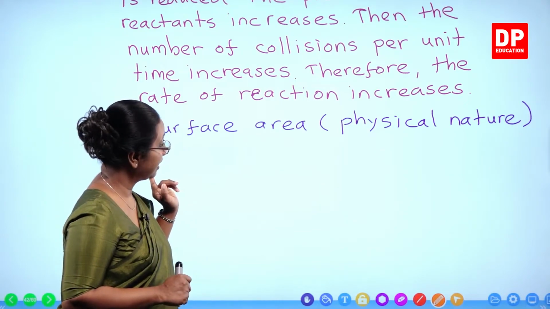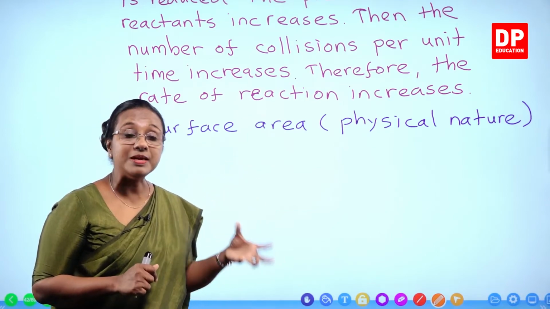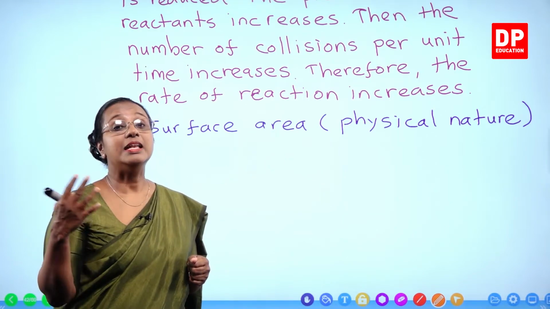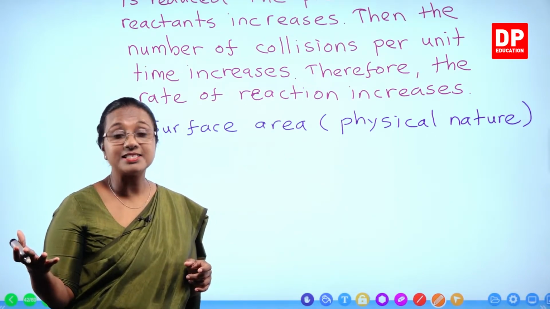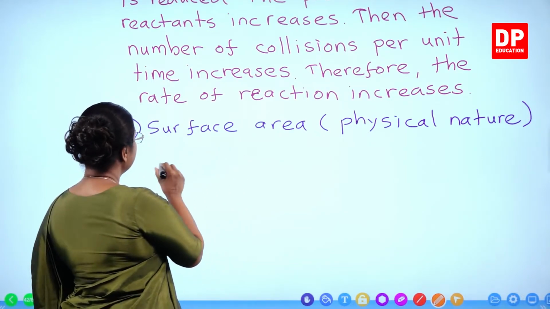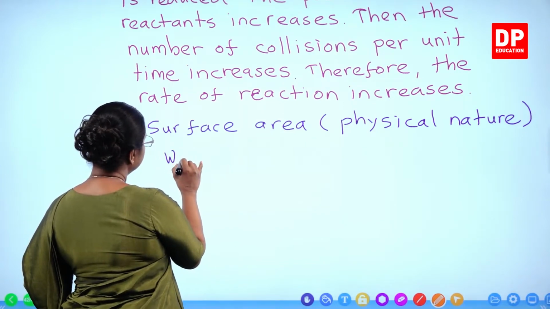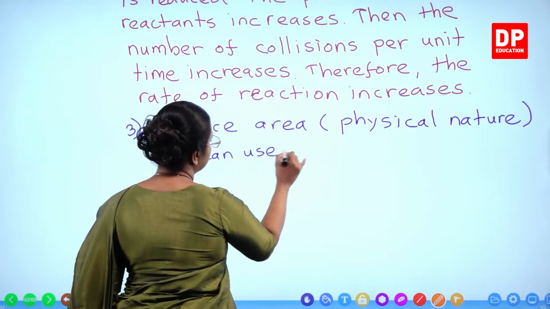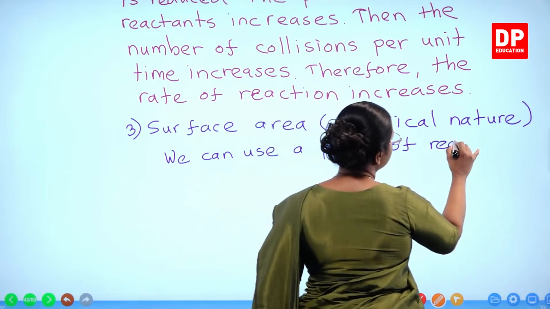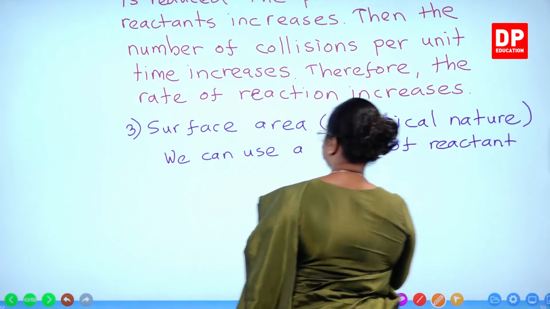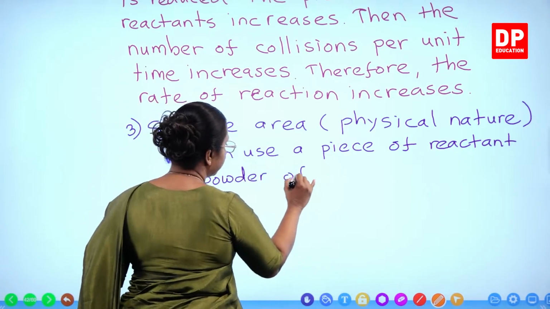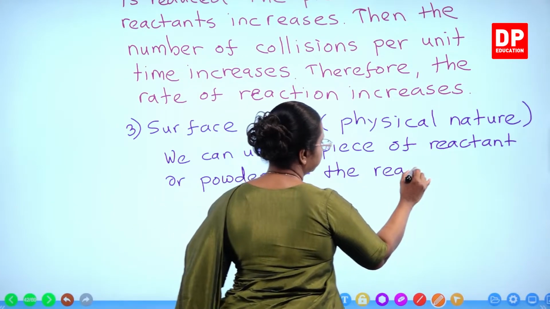If we take surface area or the physical nature, you have a piece of calcium carbonate, you have calcium carbonate powder. What happens there? In calcium carbonate powder, the surface area is greater and it reacts faster with hydrochloric acid. So here we can say we can use a piece of reactant or powder of the reactant.